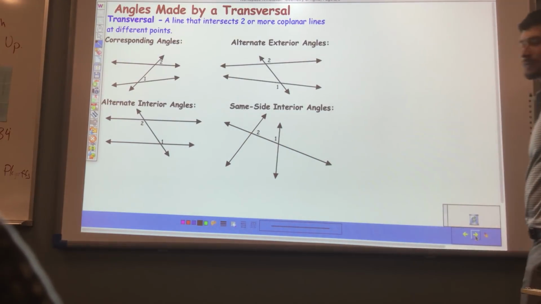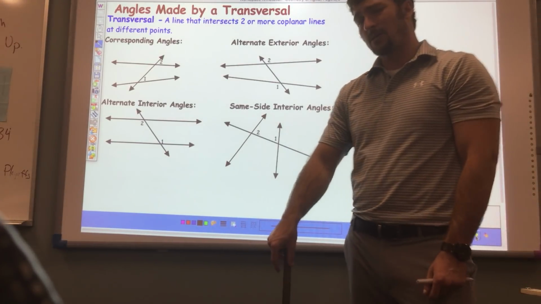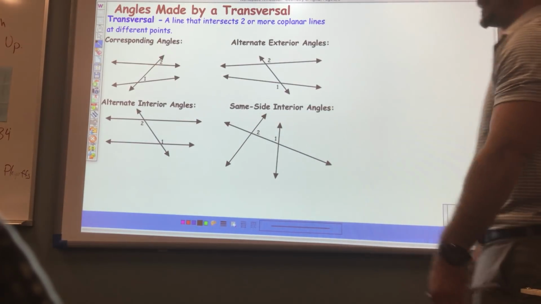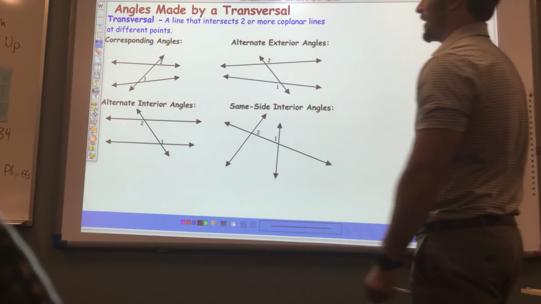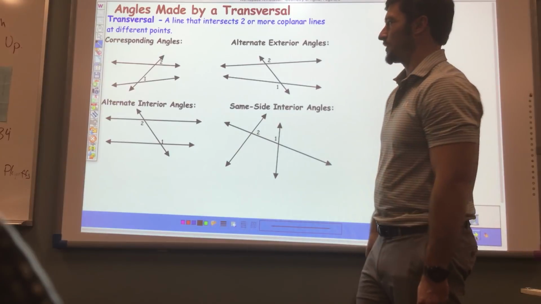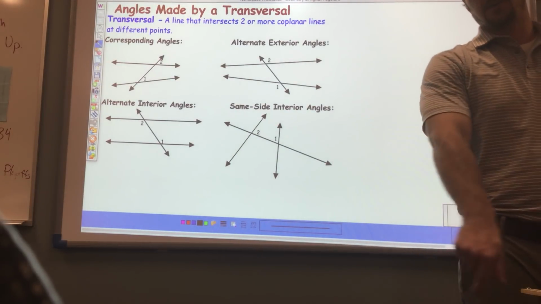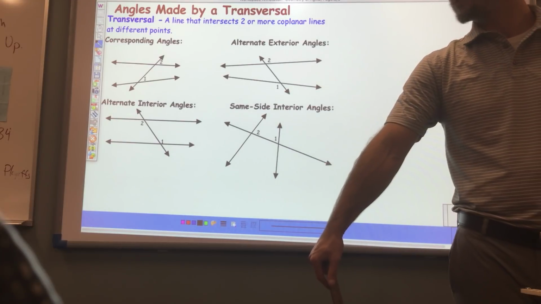This is a transversal. Essentially a transversal is a line that's going to cut two or more other lines, or intersect them would be a better definition. And that's going to create some different angle pairs. All of these are important. We'll be learning theorems and a postulate that relate to these angles, so it's important to know which are which.